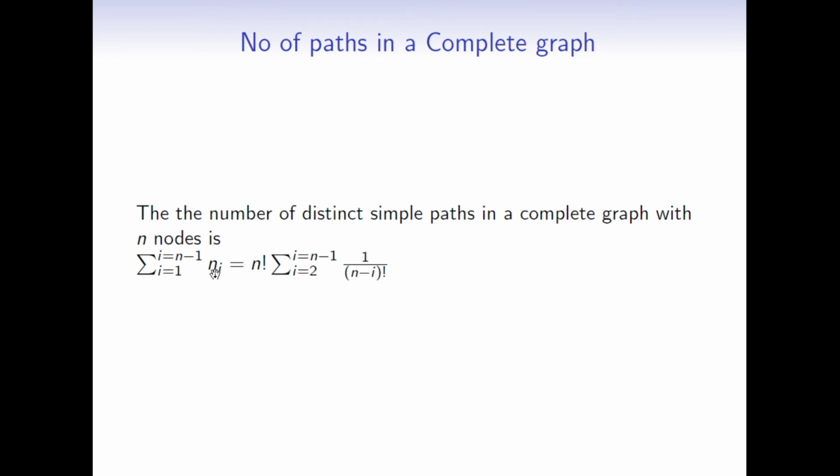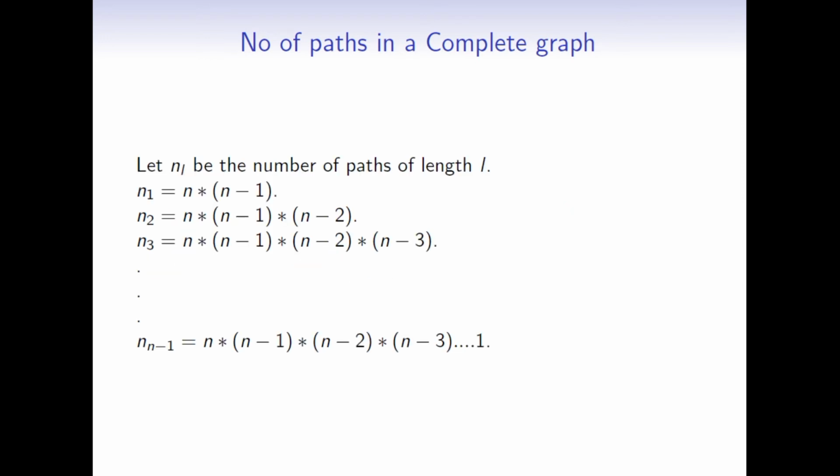This can be written as factorial n into the summation, for i equal to 2 to n minus 1, of 1 by factorial n minus i. Basically, the sum is the sum of all these numbers, and what I am taking out is factorial n, the common term.